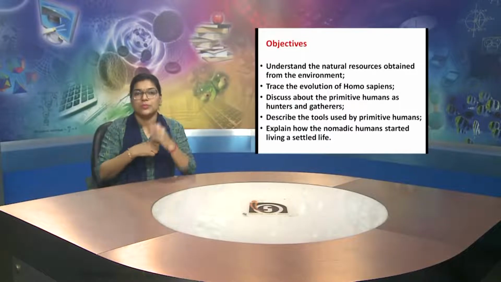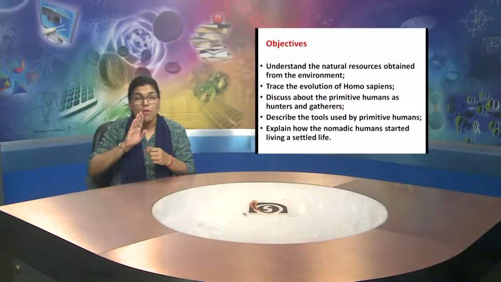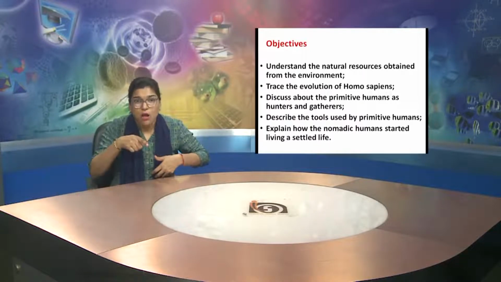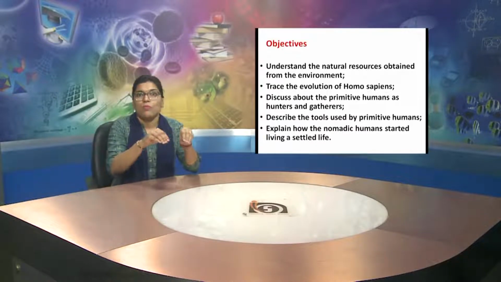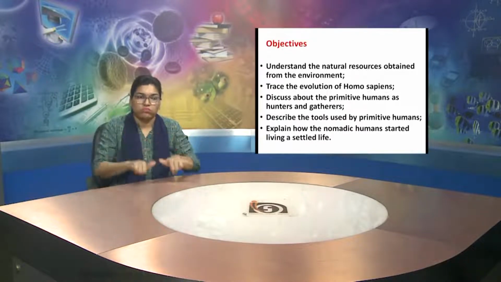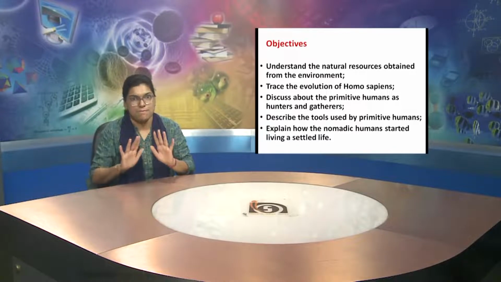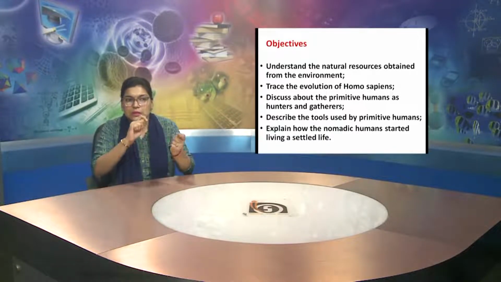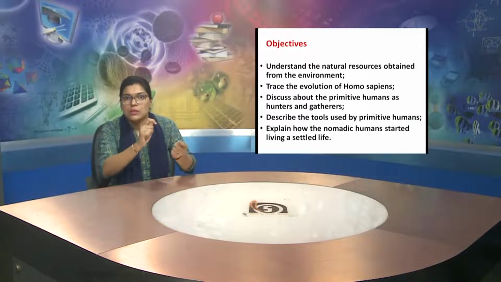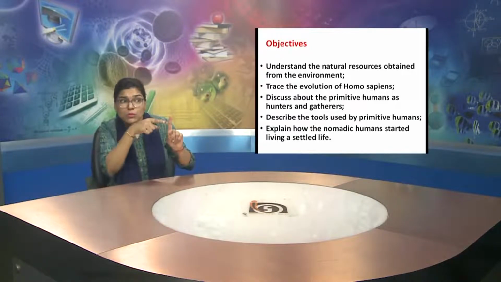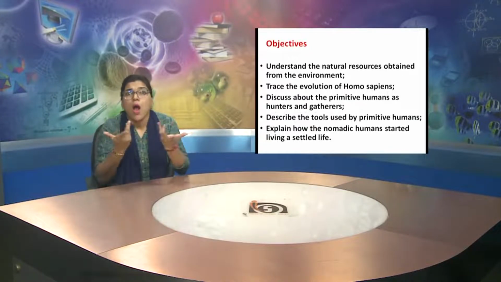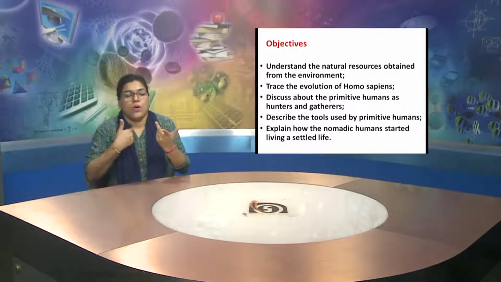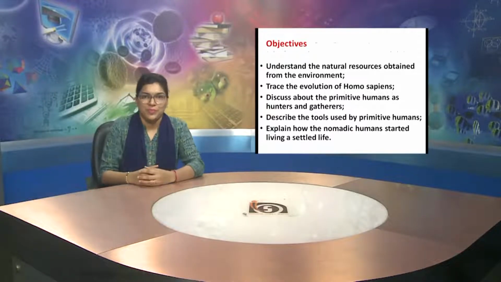And the fifth objective, which is the last objective, we will be able to explain how the nomadic humans started living a settled life. As we all know, earlier the humans were moving from one place to the other, but after some time something happened and they started living a settled life.